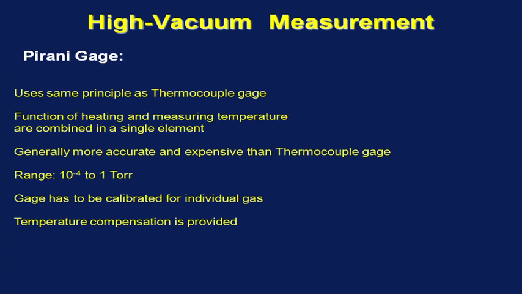The range is the same, 10 to the power minus 4 to 1 torr. The gauge has to be calibrated for individual gas because the thermal conductivity of different gases are different. So, the gauge has to be calibrated for individual gas. Temperature compensation is provided in a Pyrani gauge.